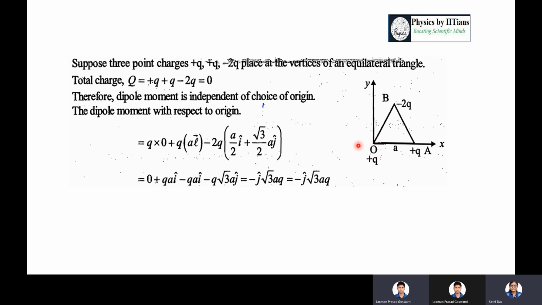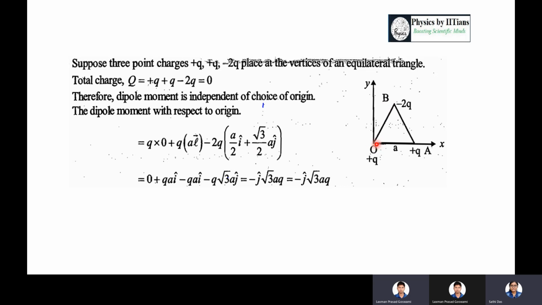So what will be the dipole moment with respect to this origin, that is q into 0 plus q into a i cap, and this one, that is minus 2q.